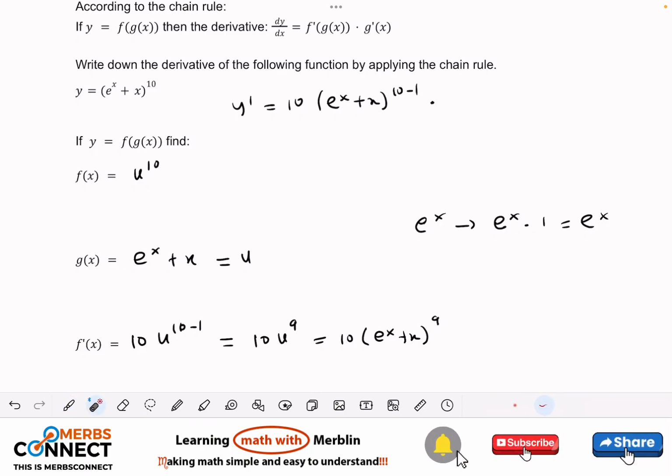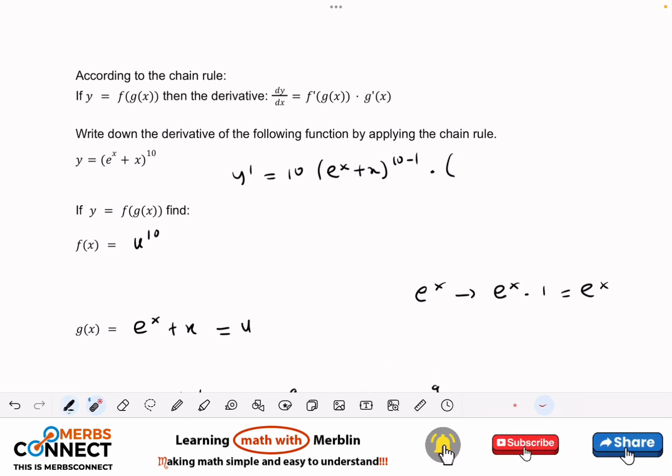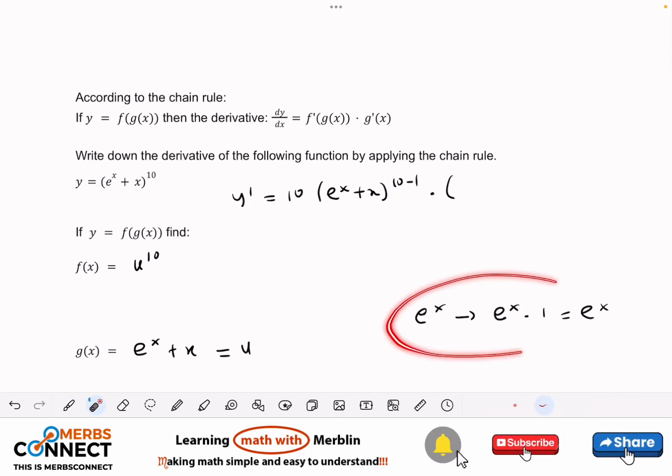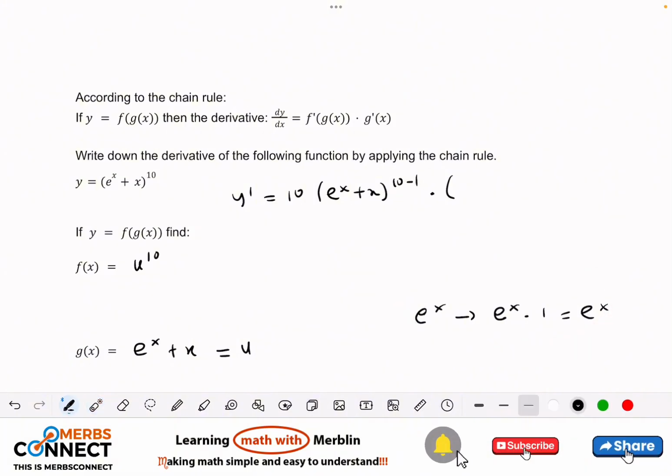Times, then I take the derivative of what is inside the what? The parentheses. So when I differentiate e to the power x, as we saw here, we had e to the power x, plus, when I differentiate x, I'm going to have 1.